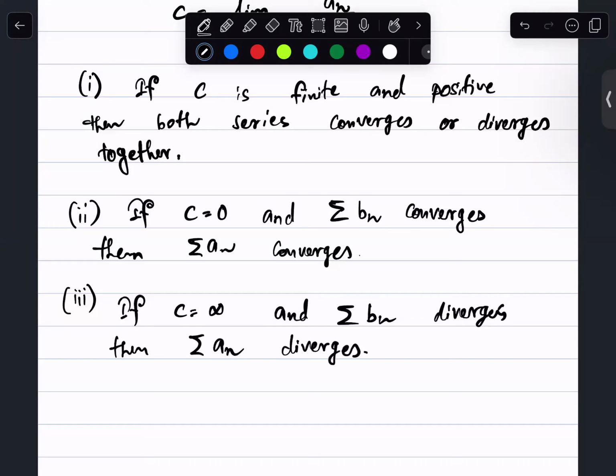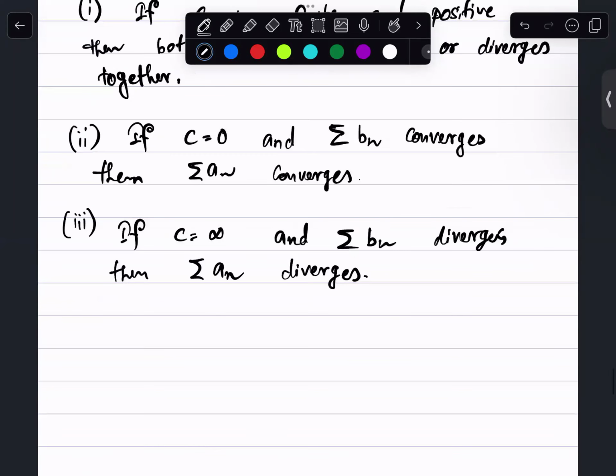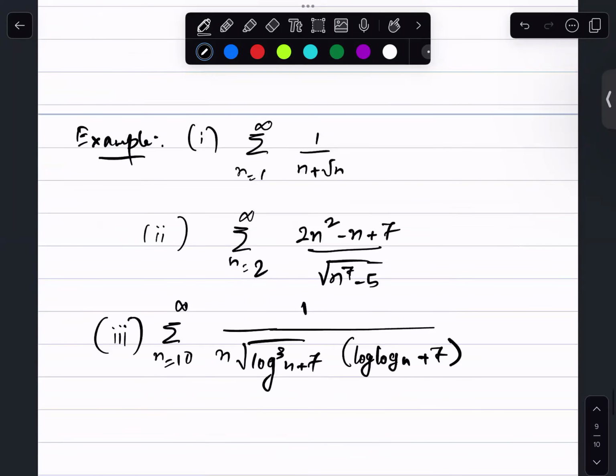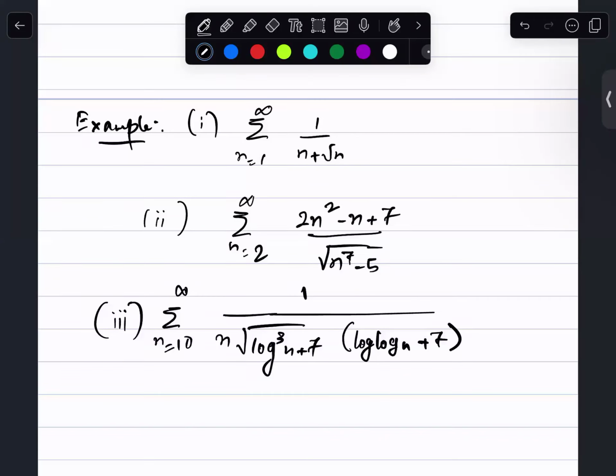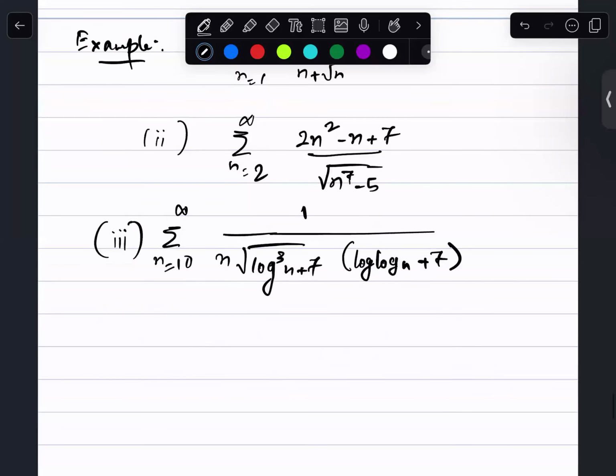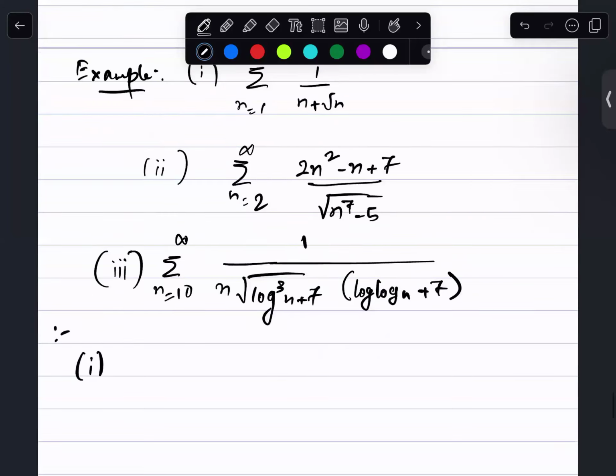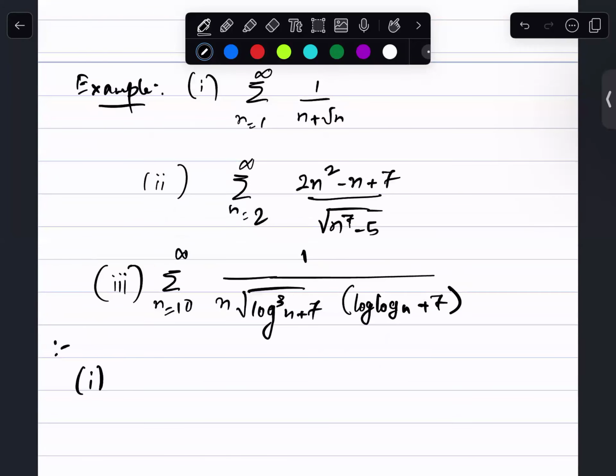Okay. The proof of this is out of our scope right now, so I'll skip that. Rather, I'll solve some of the examples. Okay, so for the first example, the limit comparison test is quite difficult to use, in my opinion, compared to the direct comparison test, because here you have to come up with a series on your own.